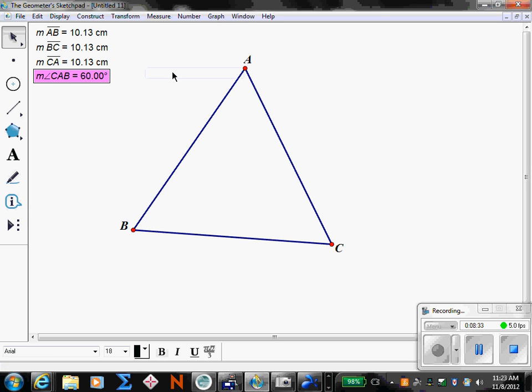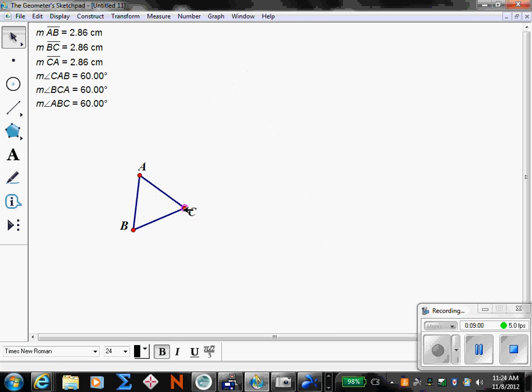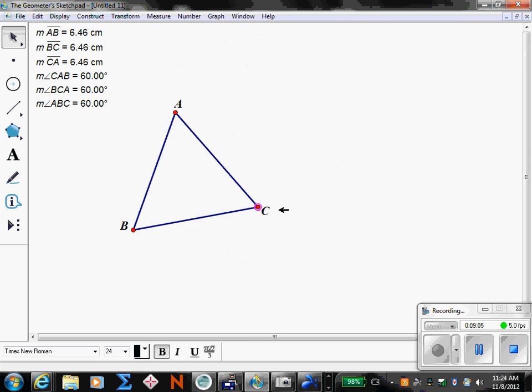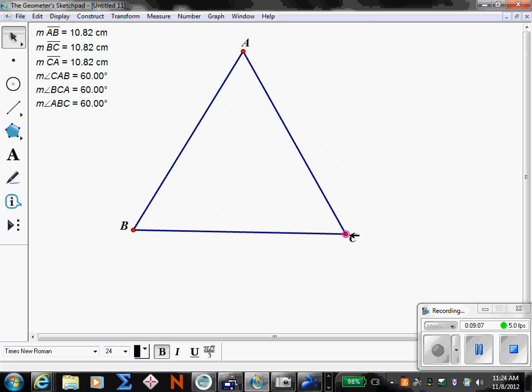That first angle A is 60 degrees. Angle C is 60 degrees. And angle B is 60 degrees. So in every equilateral triangle, it is also equiangular. Equilateral and equiangular. If it's one, it has to be the other.